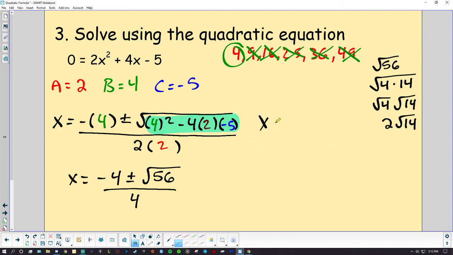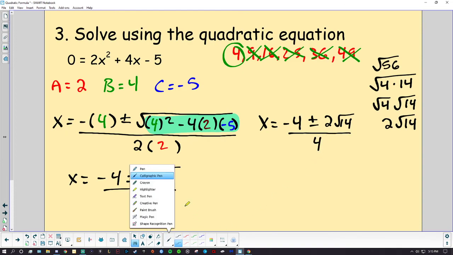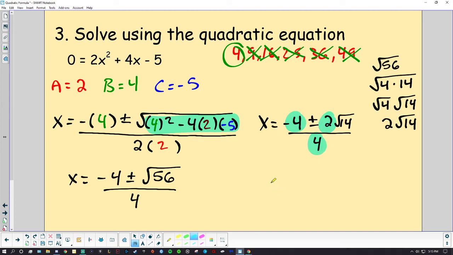So we have x equals negative 4 plus or minus 2 times the square root of 14 all over 4. And you're right. What am I thinking? We got to simplify. What can I take out of negative 4, 4, and 2? Well, hopefully you divide it out of 2. So let's do it. Negative 4 divided by 2 is negative 2. 2 divided by 2 is 1. And 4 divided by 2 is 2.